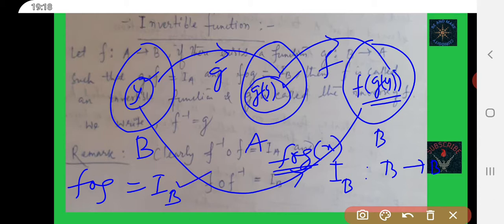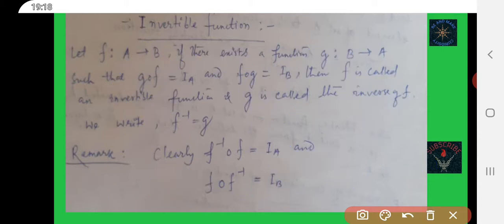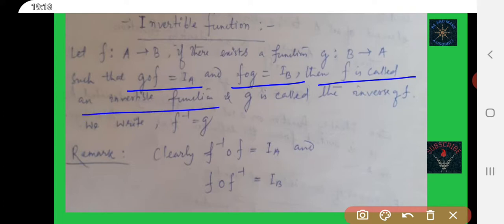If g∘f is equal to I_A and f∘g is equal to I_B, then the function f is called an invertible function and g is called the inverse of f. Understood?